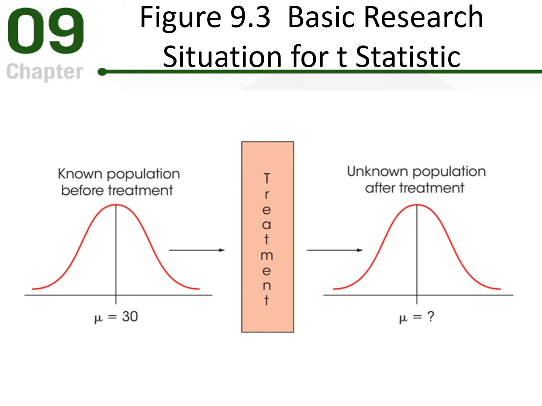And we want to see if the mean of the sample is different than the mean of the population that gets no treatment. Basically, the no treatment group represents the null hypothesis. And you want to say that there's a statistical difference. That's the same thing we did with the z-test, except here we don't know sigma, so we have to estimate sigma.